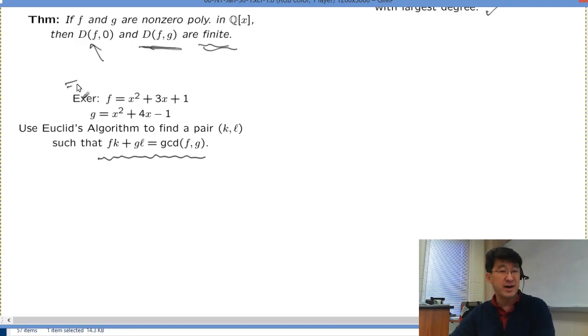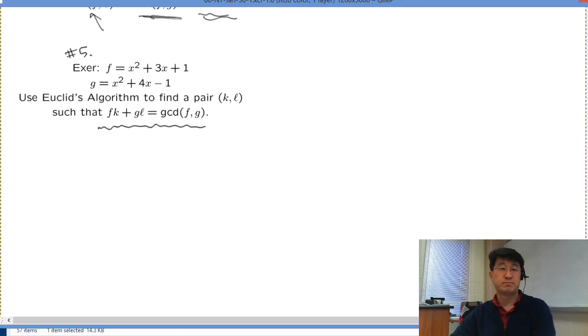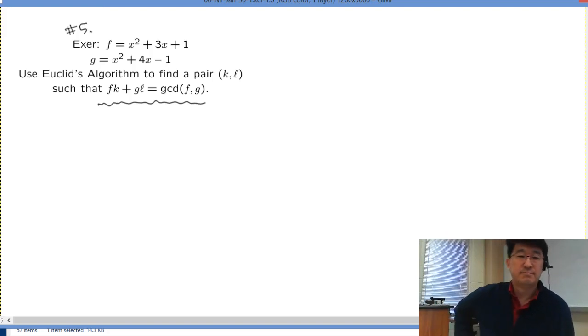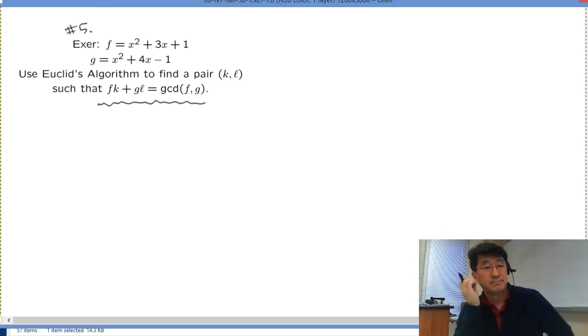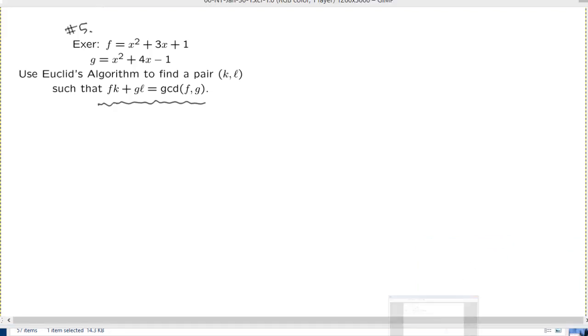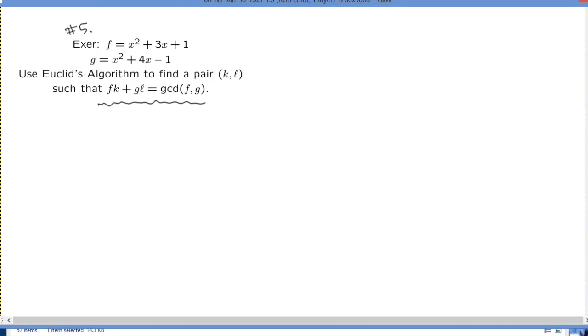This is exercise 5. Am I counting correctly? What's your gut feeling? What's the GCD? Before you actually compute, what's your gut feeling?